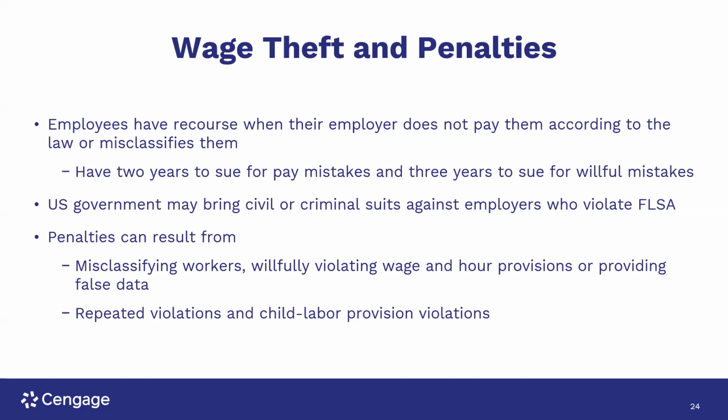This is both a federal crime and a state crime. Minnesota wage theft, depending on the degree, can be a felony, and penalties can result from misclassifying workers, violating wage and hour provisions, or providing false data, and repeated violations. There are also penalties for repeated violations and for child labor violations.